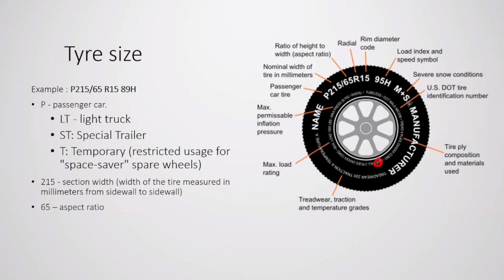Let's say it is 100 grams. So what happens when it rotates? Without this 100 grams, let's assume that our tire is fully balanced, right? Once we attach this 100 gram weight to the tire, what happens while it rotates? There will be an excessive centrifugal force.